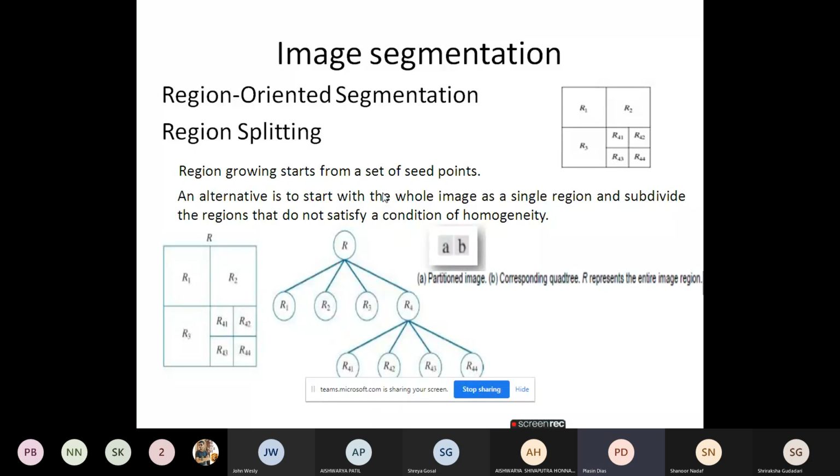Just have a look at the given image here. We have partitioned it into R1, R2, R3 and R4. If you see this, we have done a 4 region division, but in the fourth region we can see a further partition: R4 1, R4 2, R4 3 and R4 4.